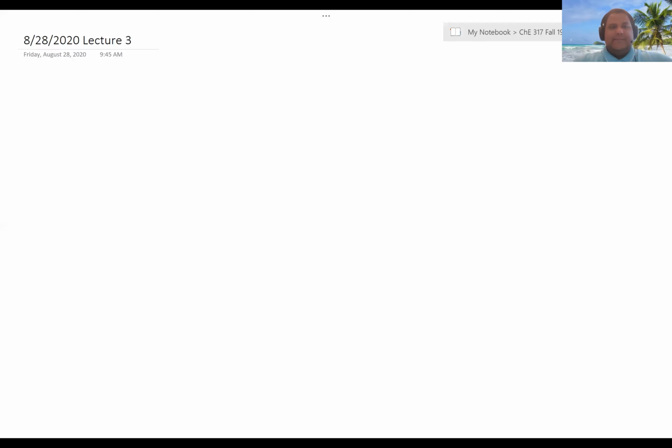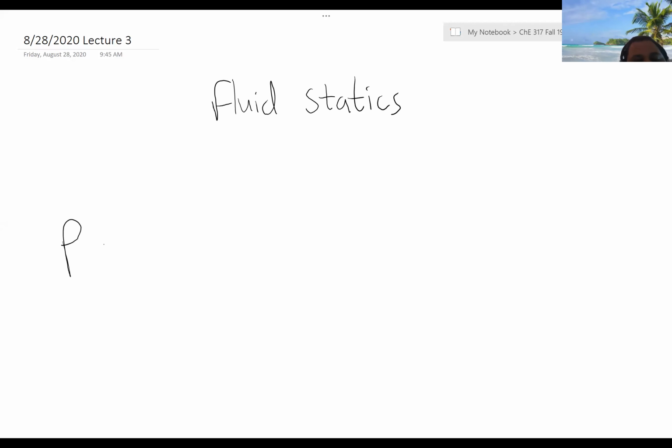On Wednesday, we started our discussion on fluid statics, and we stated that for any given system, we can calculate the pressure in terms of a reference pressure plus the density of a fluid times gravity times the height of the fluid column of interest, right?